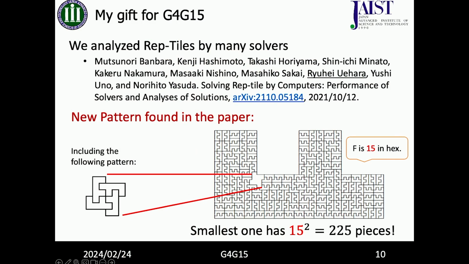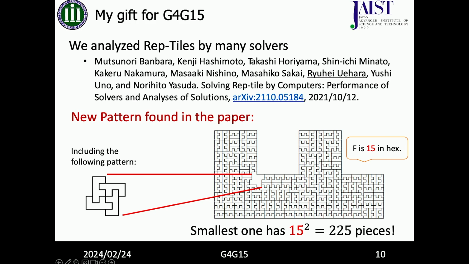Inspired by this, I prepared a gift for this G4G15, which is based on the F shape. You know, F is 16 in computer. Actually, this F pattern is quite new. We found this one. This is a rep-tile of F, and which contains this weird shape.